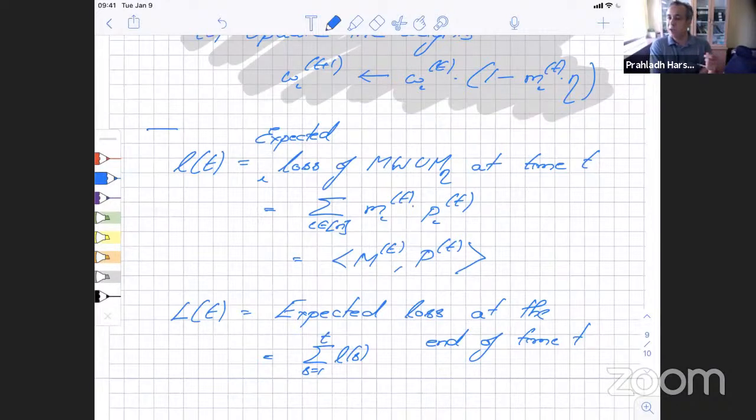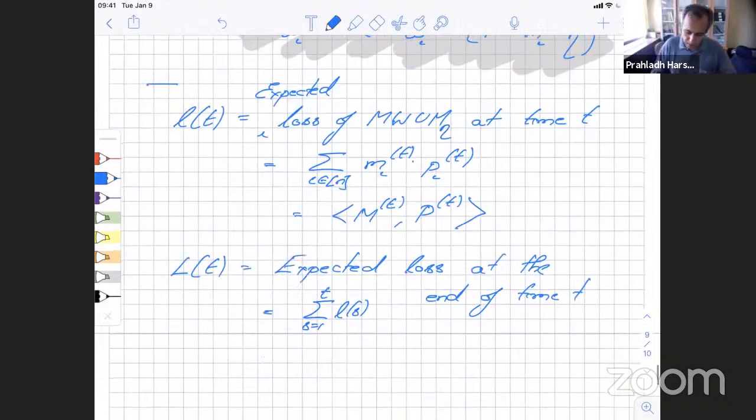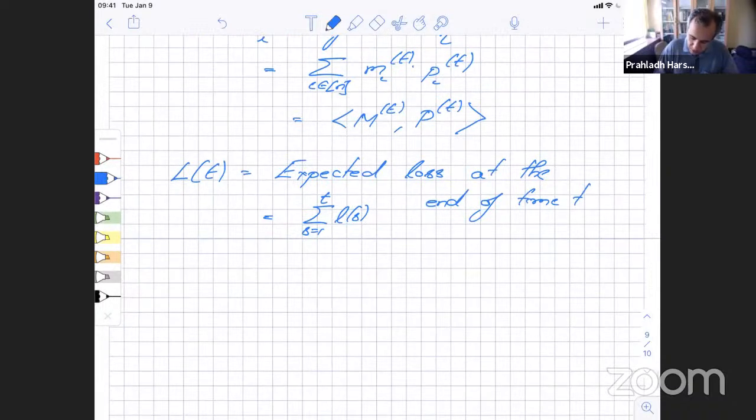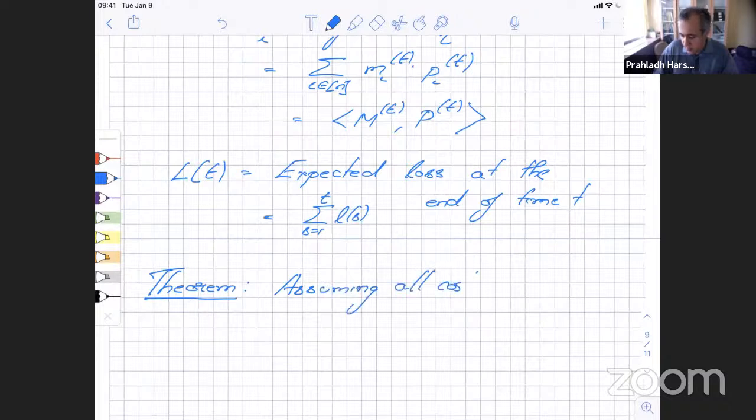In fact, against the expert which incurs the least loss. And the theorem which we will prove, the proof is going to be more or less exactly what we proved. So assuming all costs MIT are in [-1, 1], and eta is in (0, 1/2).